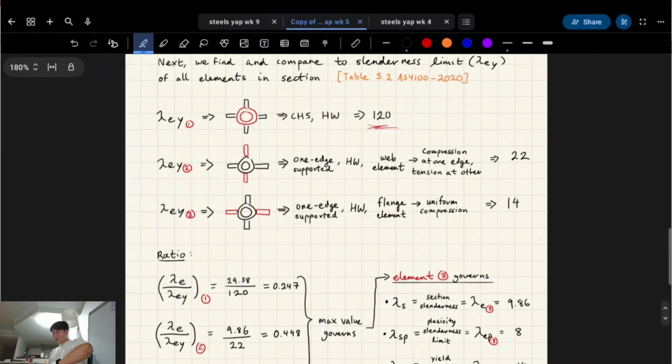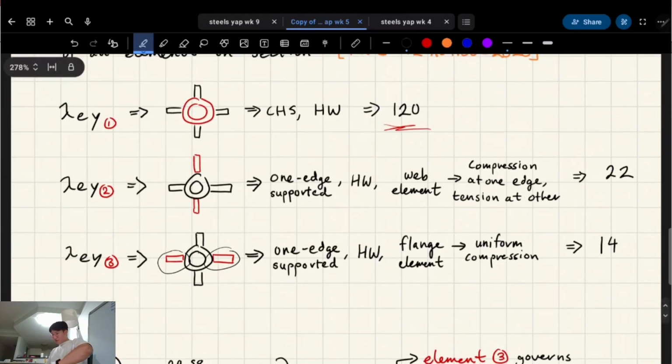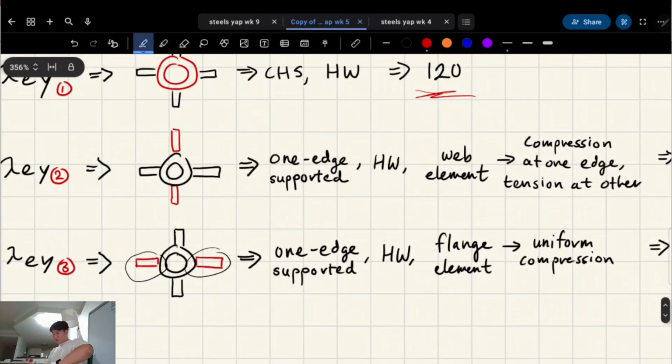Element 3 in this case governs, the one that has uniform compression here. Wait, did I do this right? No, that's right, you just read the wrong thing. Oh no, compression at one edge, zero stress in the other. It's more or less zero stress in the other, but it's compression. For these ones, this is uniform compression.